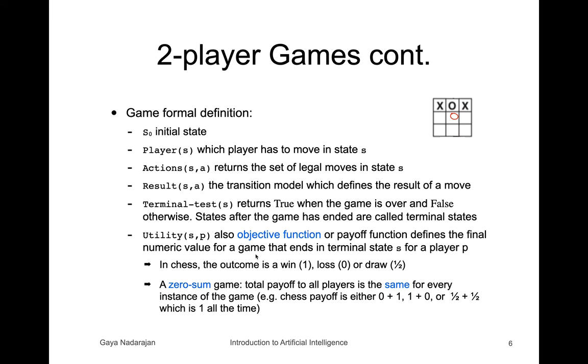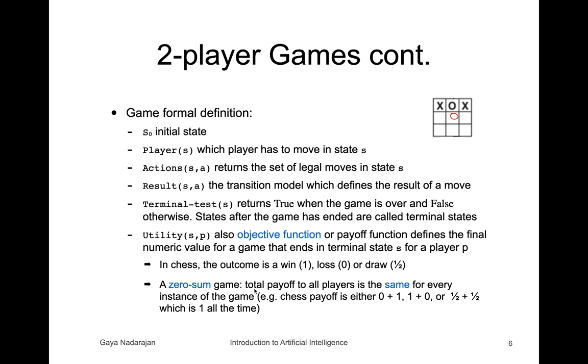What that means is whatever happens in the end, the total payoff, let's say if you win, you get one, and the other person loses and gets zero. So 1 plus 0 is going to be 1. Likewise, if you lose, you get 0, the opponent wins and gets 1. So again, when you add up those two numbers, you still get 1.